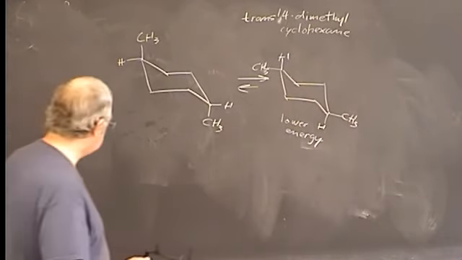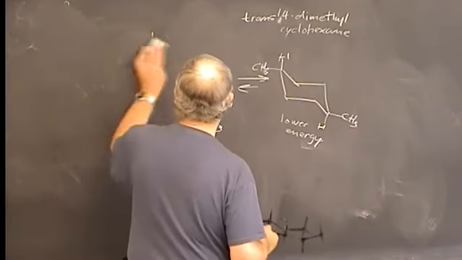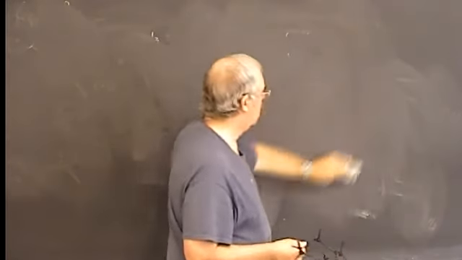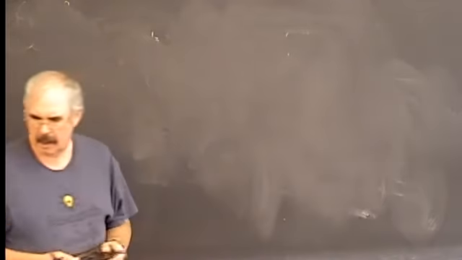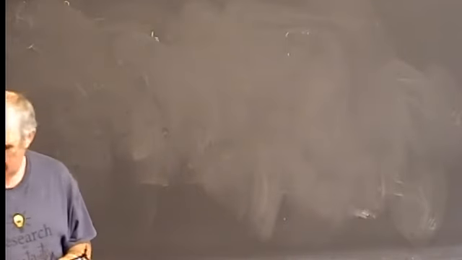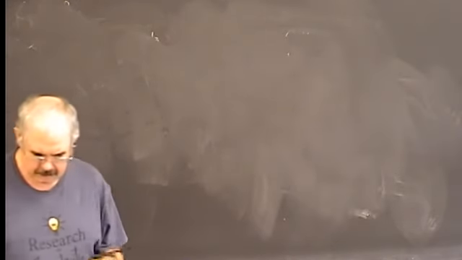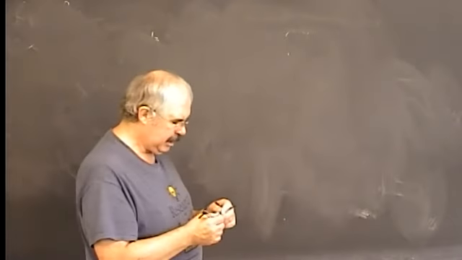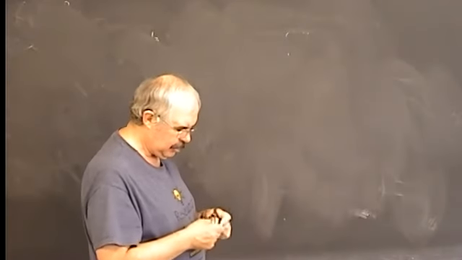All right, next we're going to look at stereoisomers. And the first type of stereoisomer that we're going to look at are what we call geometric isomers. And there's two possible ways that we can have geometric isomers. One way would be if we had a carbon-carbon double bond.